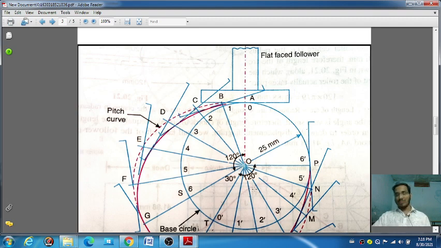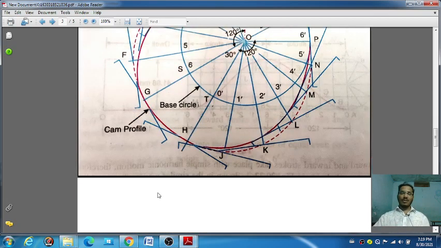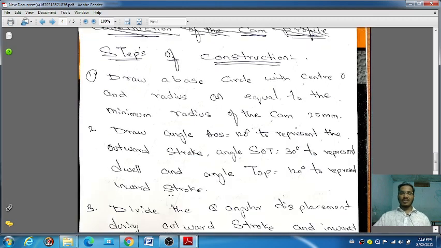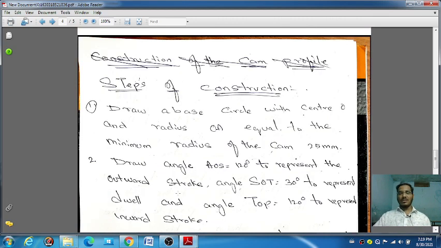Whenever the axis of the follower and the axis of the cam are in the same condition, the construction of the cam profile will be the same, whether it is a flat face follower, a knife edge follower, or a roller follower. Okay, these are the steps of construction I wrote down here.